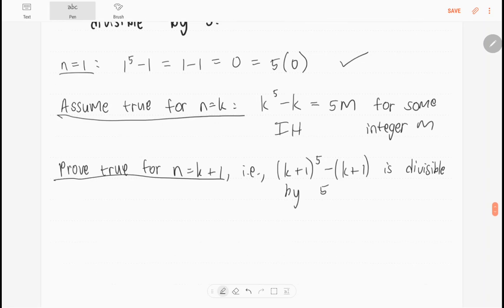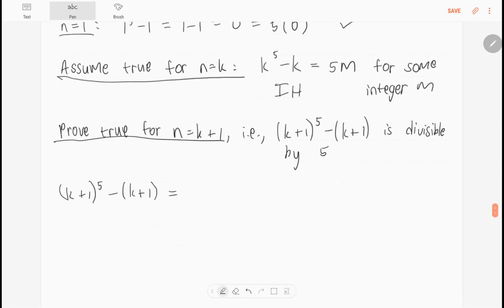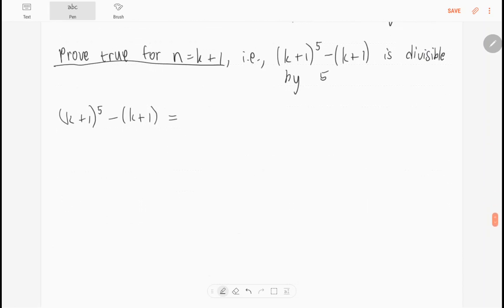So let's take that. So we have (k + 1) to the 5 minus (k + 1). I'm going to expand it. So I'm just going to use Pascal's triangle to expand that. Let's quickly just write the triangle down.